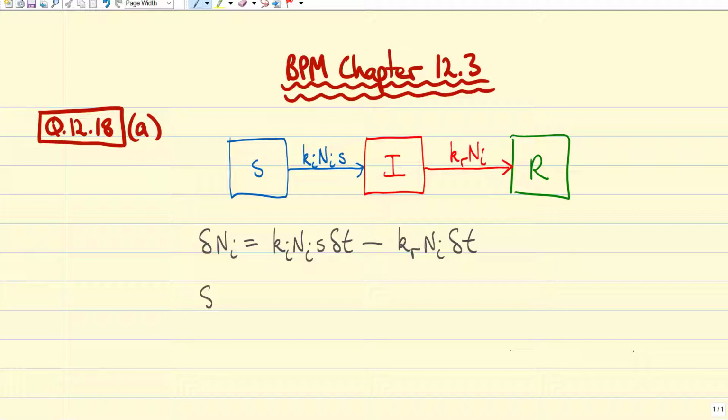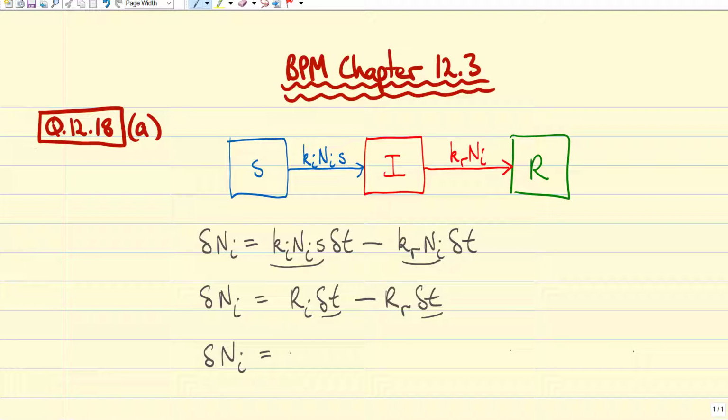We can then rewrite that as delta Ni equals, and this thing we're going to call Ri, the rate of infection, times delta t, and this thing is the rate of recovery, which we're going to call capital R, lowercase r, subscript. And both of those are multiplied by delta t, and because we've got a delta t in both of these, we can factor that out and get that delta Ni equals Ri minus Rr multiplied by delta t.